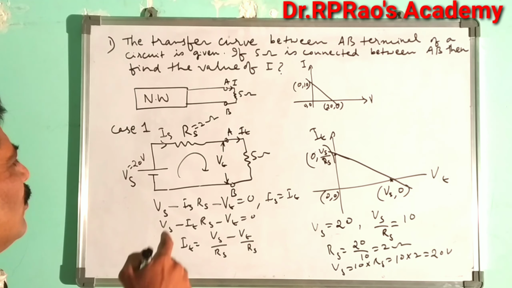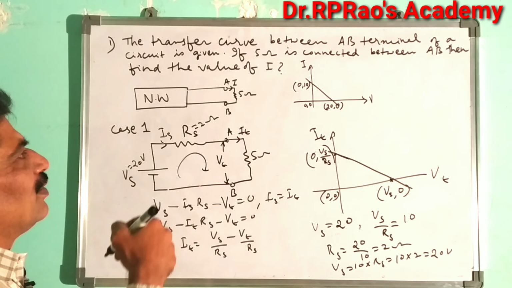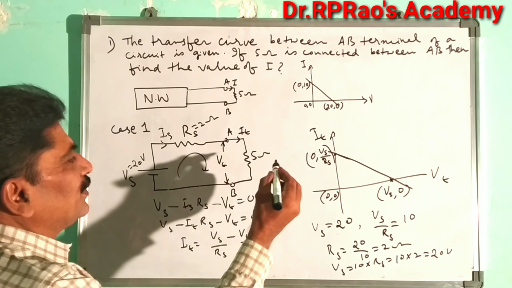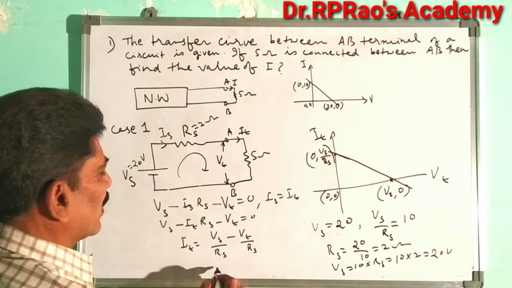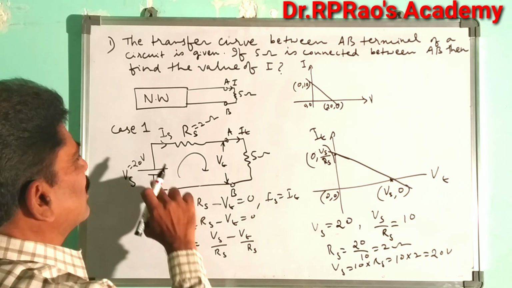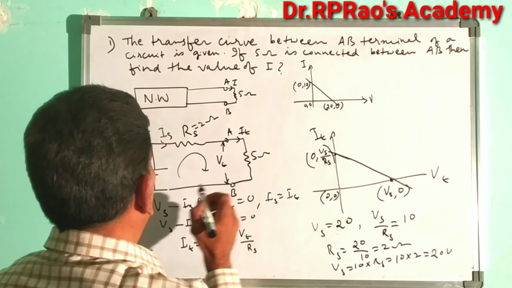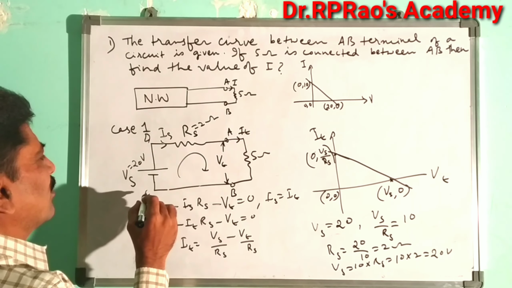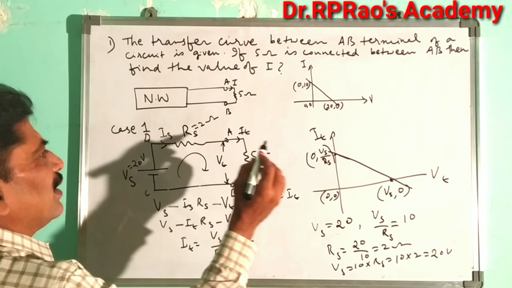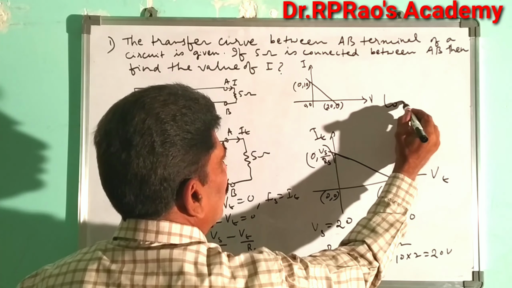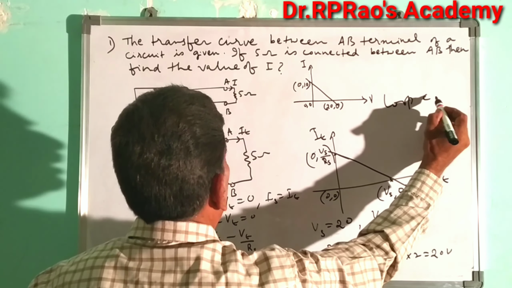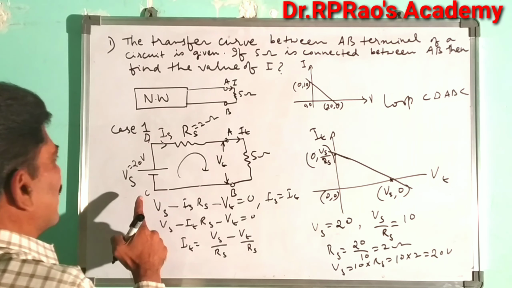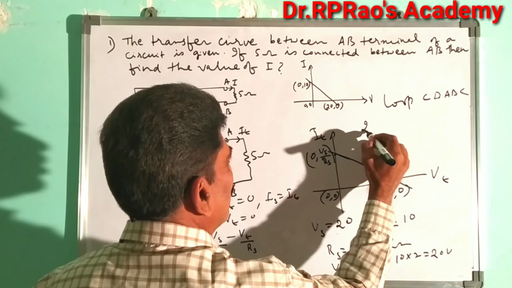Okay. Now from this circuit we can find I. It is nothing but I only. So what is It now? Apply KVL to this complete loop, starting from C: C, D, A, B, C. So rise in potential, 20 volts.